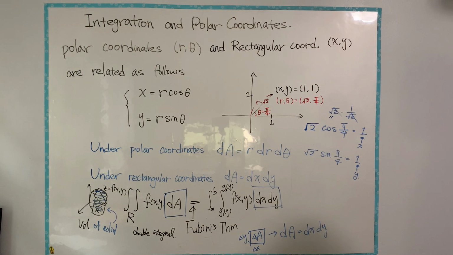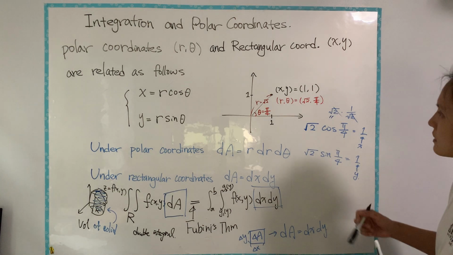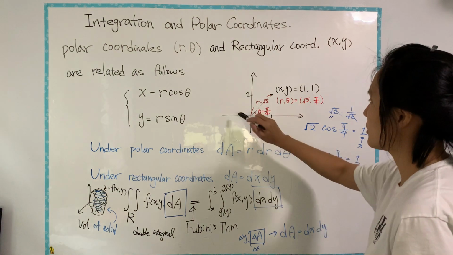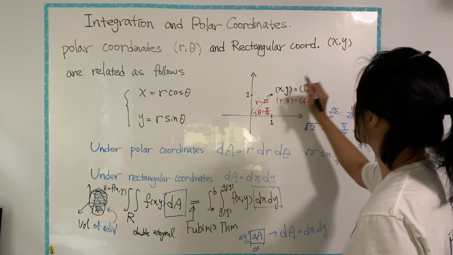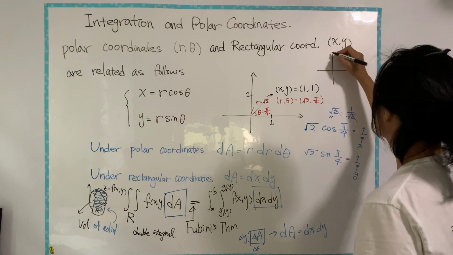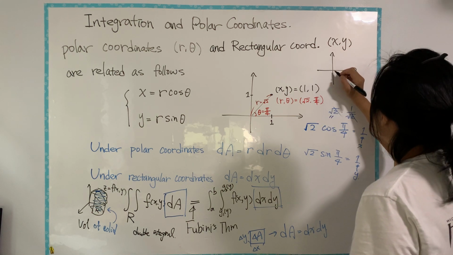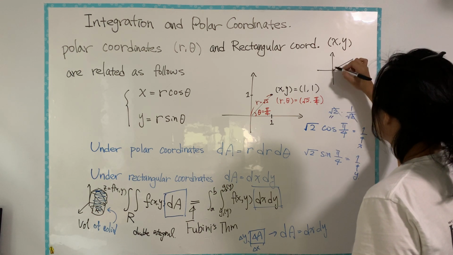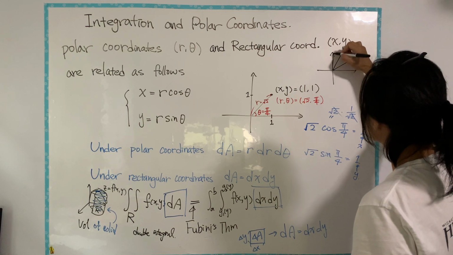When using the polar coordinate system, we are dividing the plane in a different way. So it'll go like this. Different angle theta will go like this.